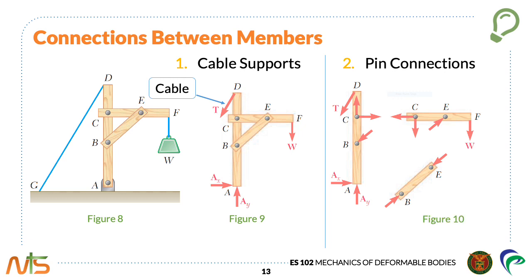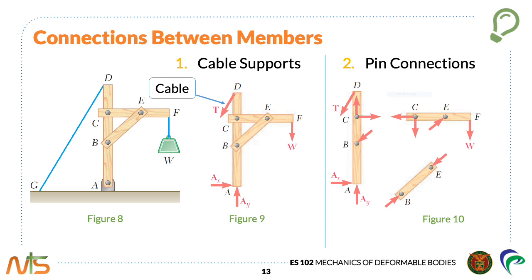Note that in Figure 10, the force exerted at B by member BE on member AD has been represented as equal and opposite to the force exerted at the same point by member AD on member BE. The force exerted at E by BE on member CF is shown equal and opposite to the force exerted by CF on BE.